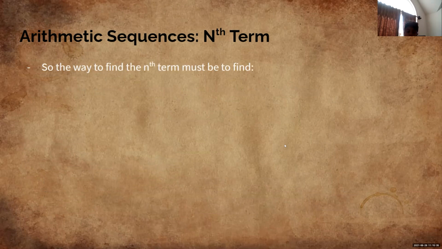So the way to find the nth term is to use the common difference. The nth term is simply the common difference multiplied by the number of terms minus 1, plus the first term.